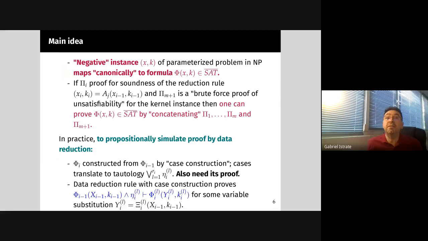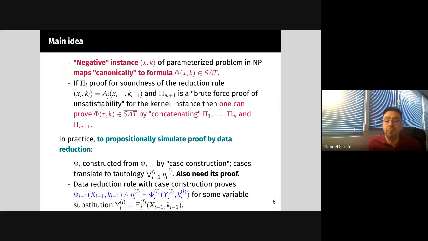If one could translate this data reduction propositionally in such a way that we can create efficient proofs of soundness of each data reduction step, and if we concatenate these propositional proofs of soundness of the reduction steps with the brute force proof of the kernel, then you obtain an efficient propositional proof for the propositional formulation of the original instance.